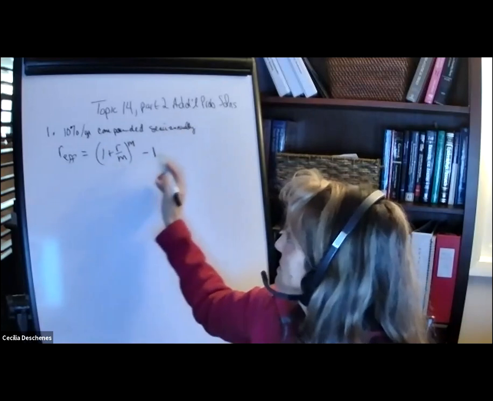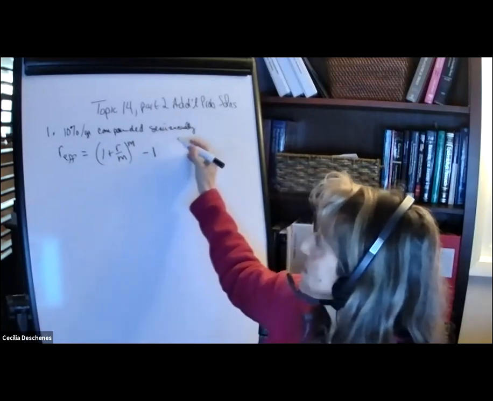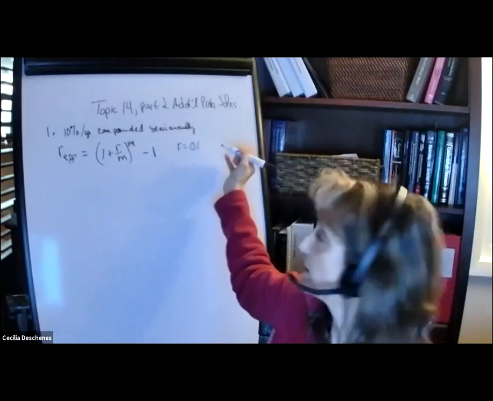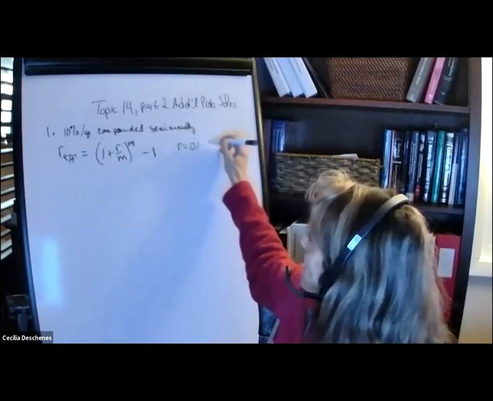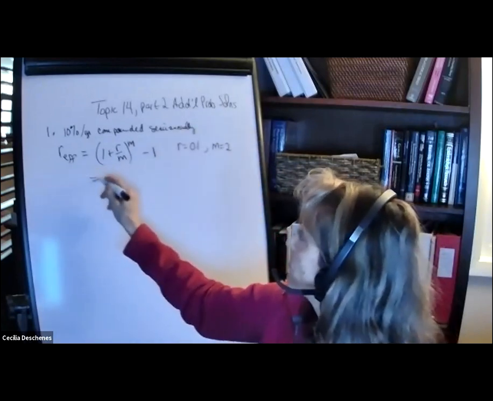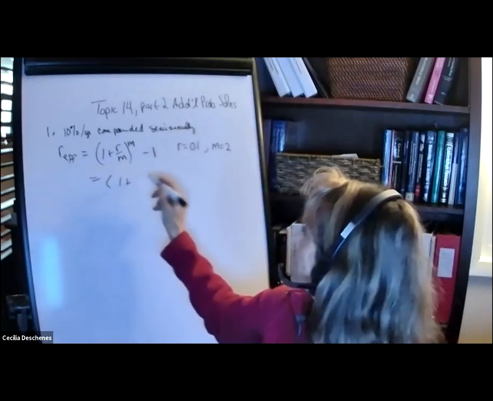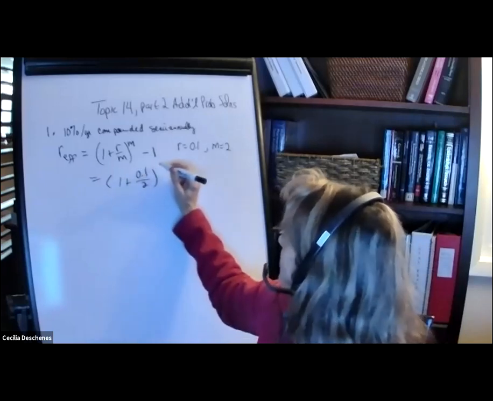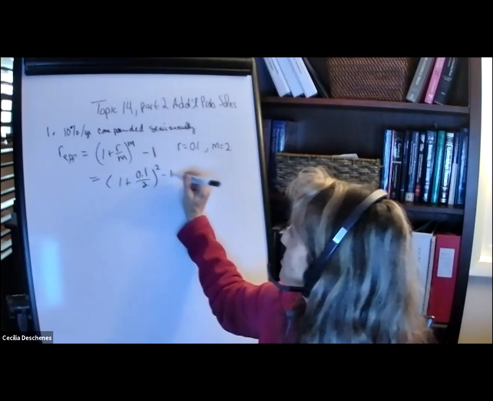So for us, we know that the rate is 0.1 for 10%. And because it's semi-annual, we know that our M is equal to 2. So our effective rate is just 1 plus 0.1 divided by 2, squared, minus 1.